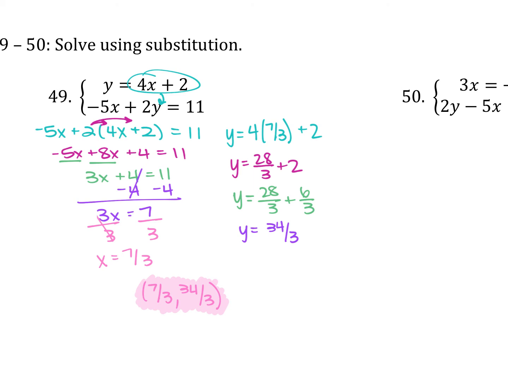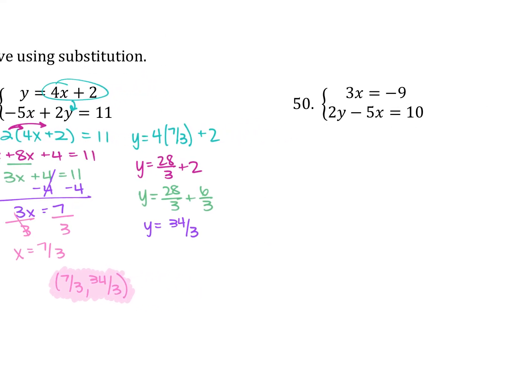For 50, you have 3x is equal to -9 and 2y minus 5x is equal to 10. You can take that top one, 3x is equal to -9, and solve it for x. Just divide each side by the 3, and you get that x is equal to -3. From there, plug that into the bottom equation and solve for y. So 2y minus 5 times -3 is equal to 10.